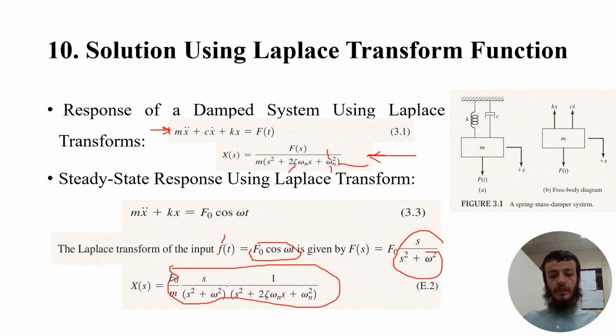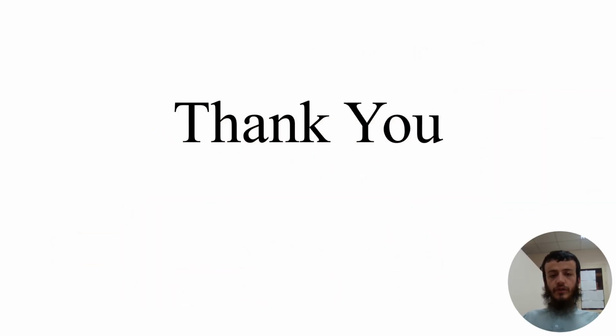It will take a little bit of time, and we can find the solution easily. This was a short presentation about forced vibration systems of a single degree of freedom. Thank you very much.